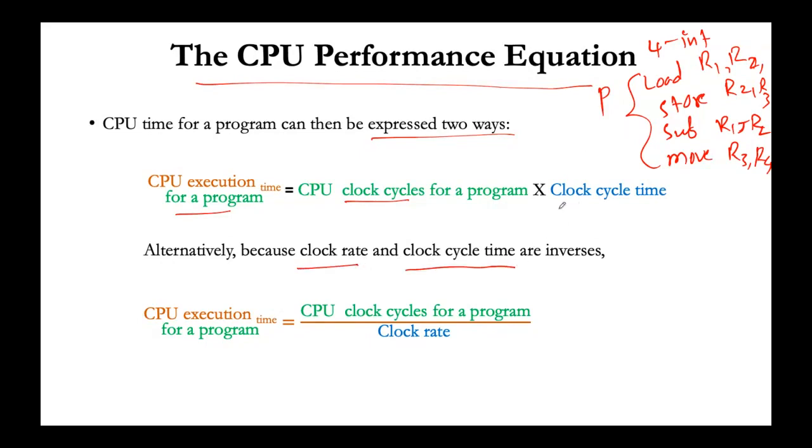Alternatively, because clock rate and clock cycle time are inverses, clock cycle time can be written as 1 divided by the clock rate. So the CPU execution time for a program is CPU clock cycles for the program divided by the clock rate.